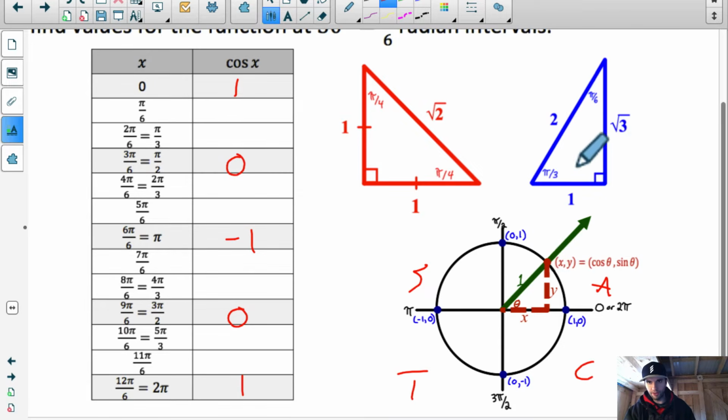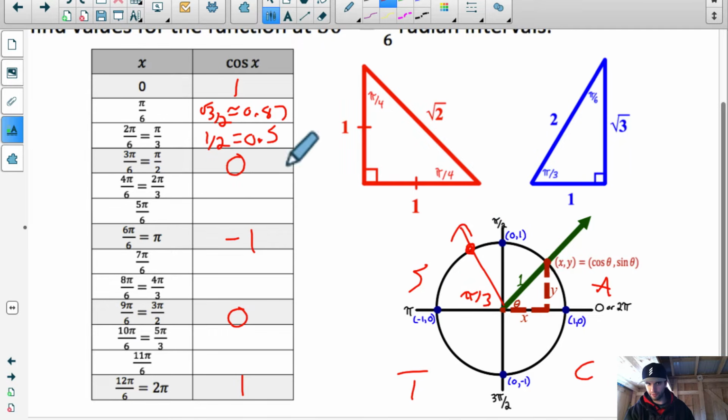So quadrant 1 is the easiest. Cos of pi over 6, adjacent over hypotenuse, is root 3 over 2, which is 0.87. Pi over 3 cosine is a half, which is 0.5. For 2 pi over 3, we're now in this quadrant, which has a reference angle of pi over 3, so I can do cos of pi over 3, but notice the x-coordinate where we intersect is going to be negative, so I have to make it negative, right? That's what this tells us.